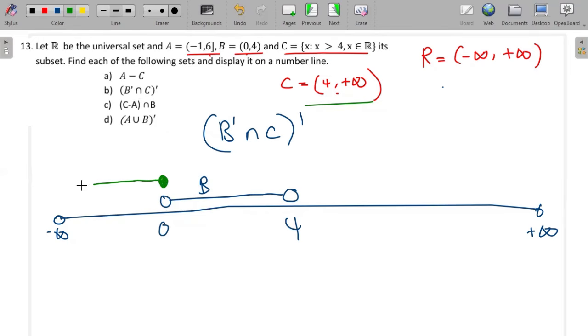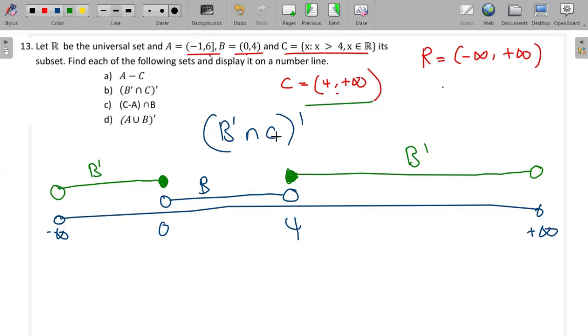And then I shade all the way to minus infinity. So this will be B complement. I come at the end point here at 4. The 4 is not in B, so it will be in the B complement. And then I go all the way to positive infinity, but positive infinity is never included in any set. So these are the two parts for the B complement.